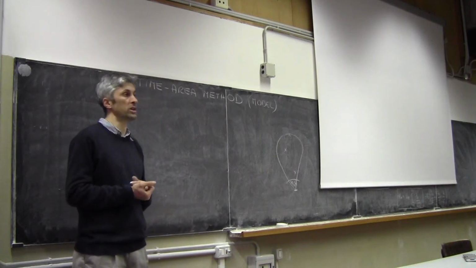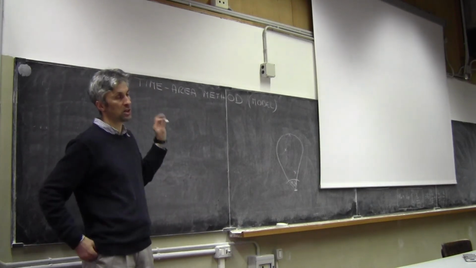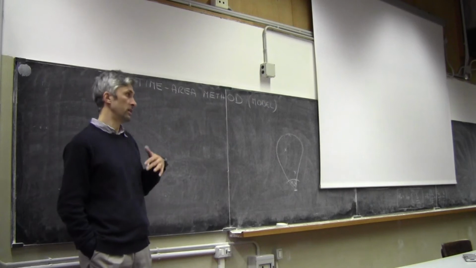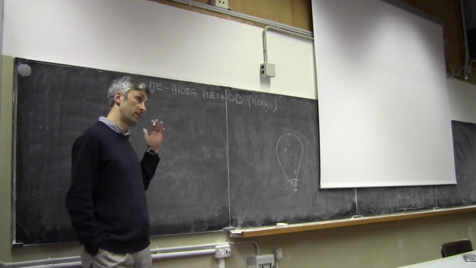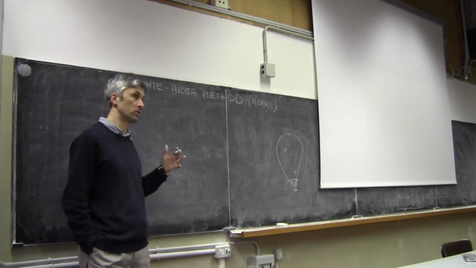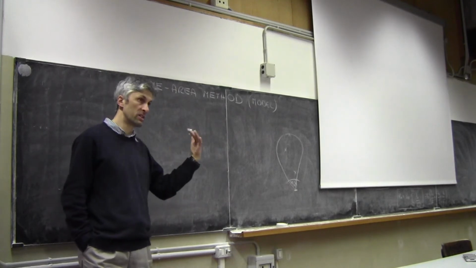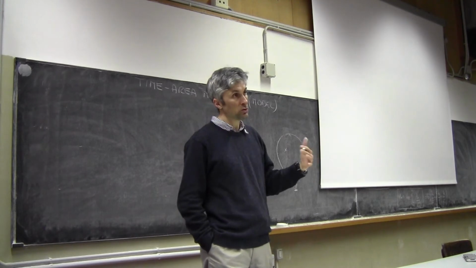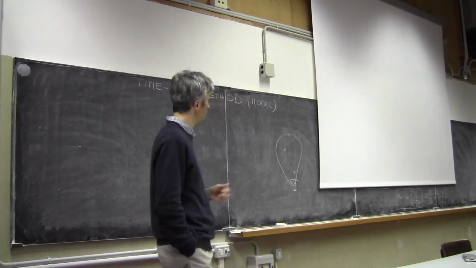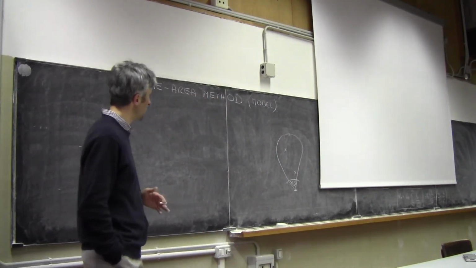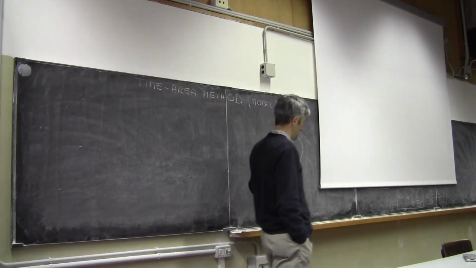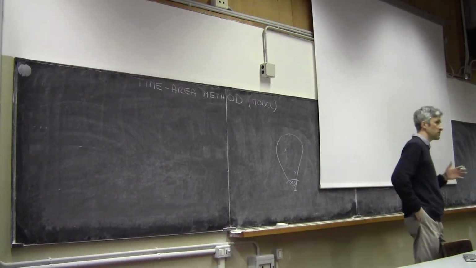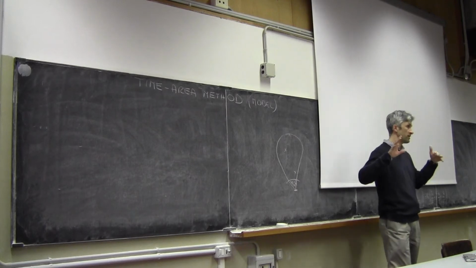And I'm sure that you know it because it's the first model that is illustrated in the hydrology courses, so I'm sure that you know it. I want just to record the basic concepts because it's useful for me and for you to start from a very simple case. And the time area method refers to a catchment and uses an approach that is very similar to that used by the rational formula.